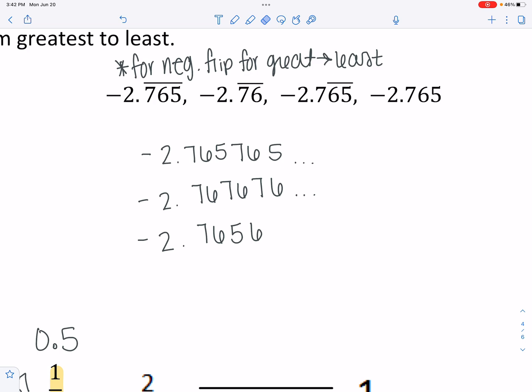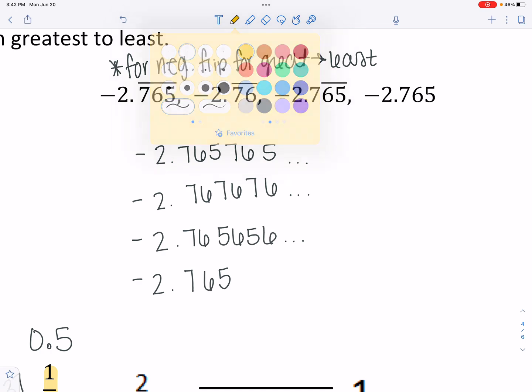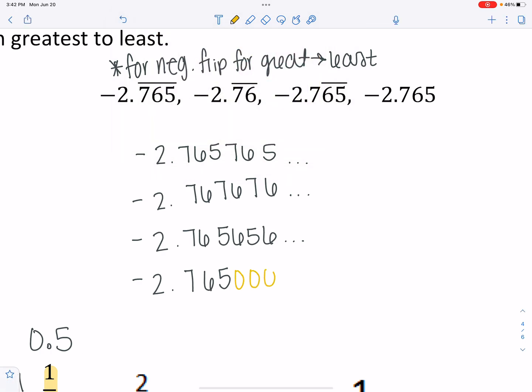I got my digits off. And then the last one. All right, fill in my zeros for this one.